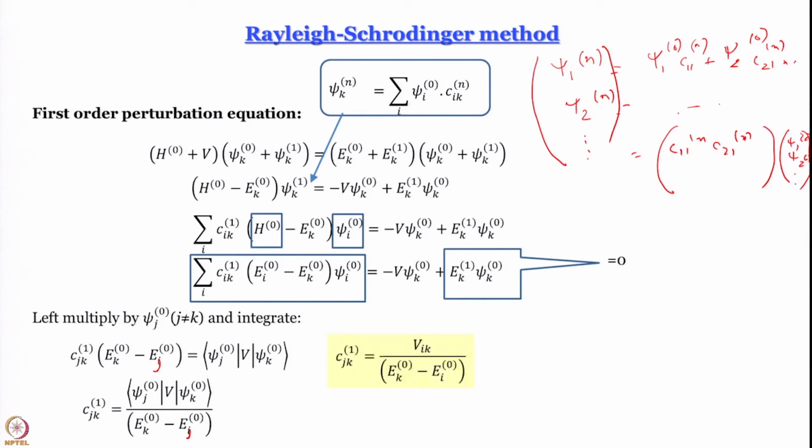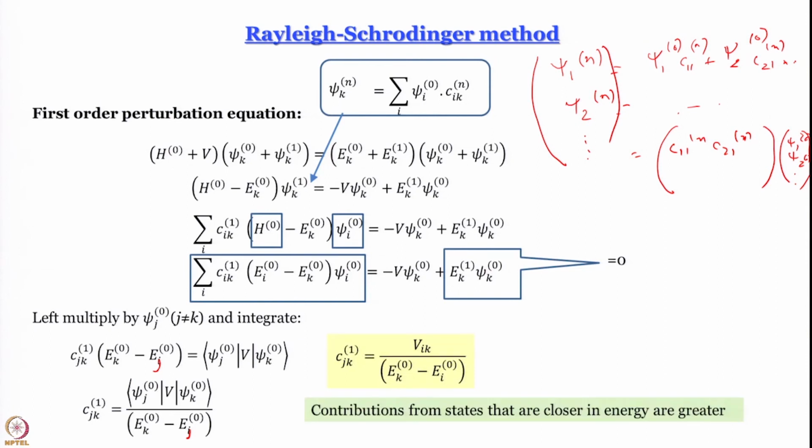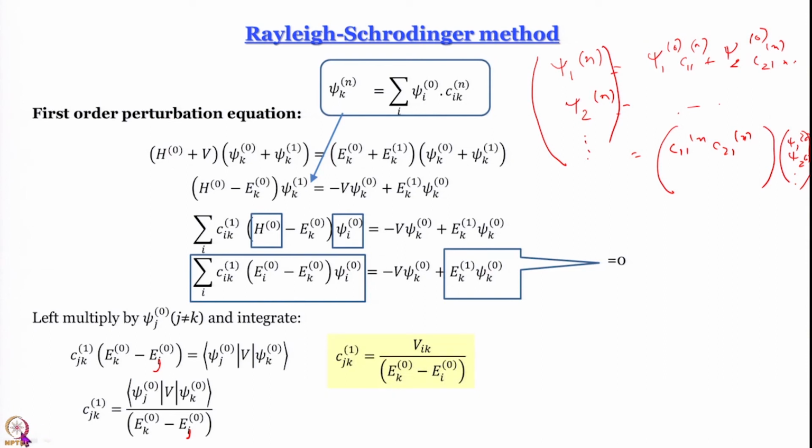So, what I will do is I will write this integral here as Vjk, not Ik, Vjk, and this is again going to be j, sorry.